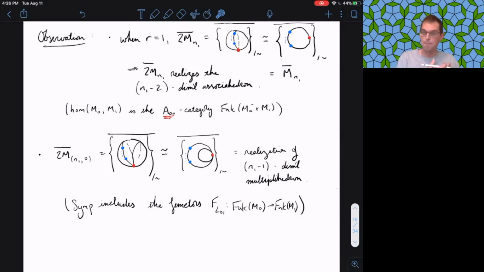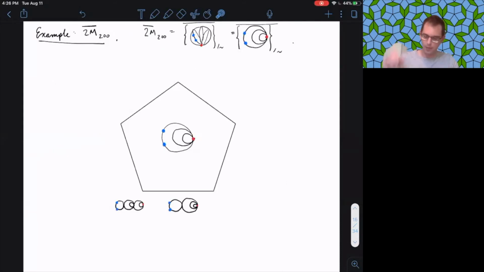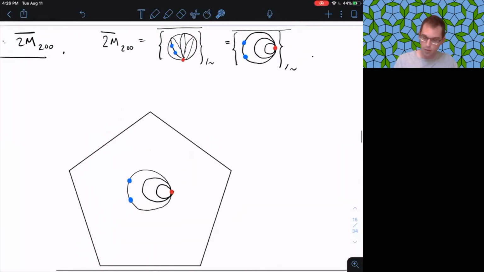And that's corresponding to the fact that in SIMP, one of the operations on two morphisms is exactly Ma'u-Wehrheim-Woodward's functors associated to a Lagrangian correspondence. Okay, great. So let's get back down to earth and do an example together. This is going to be 2M200 bar. So that's spheres with three circles, two mark points on the left circle.